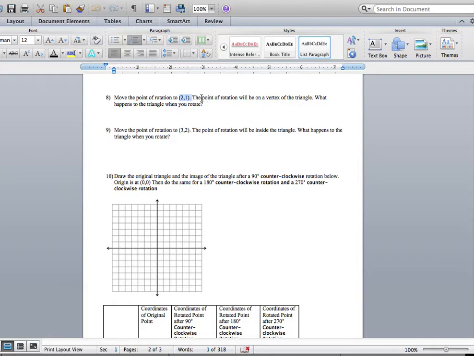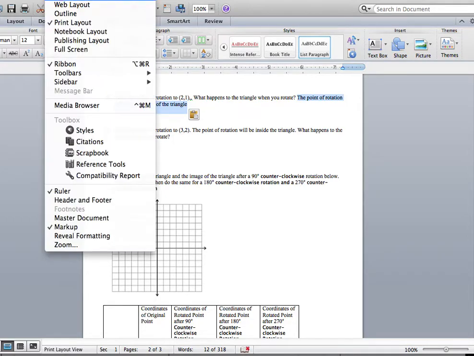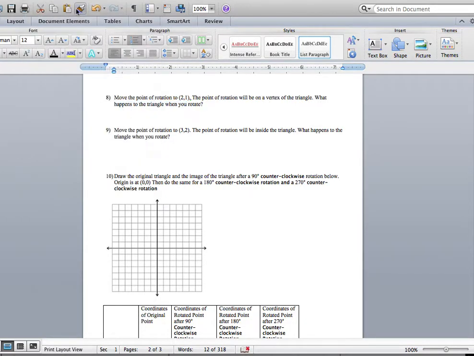The point of rotation is on the vertex of the triangle. That word vertex is very, very important. I need to undo. I did something. But the word vertex is very important.